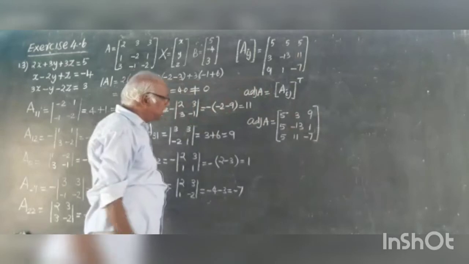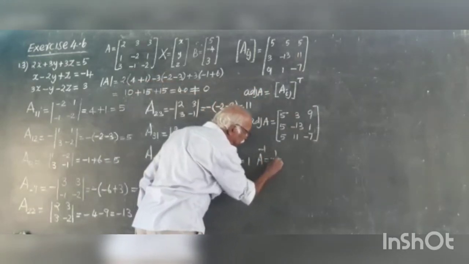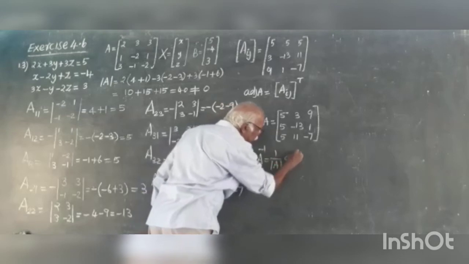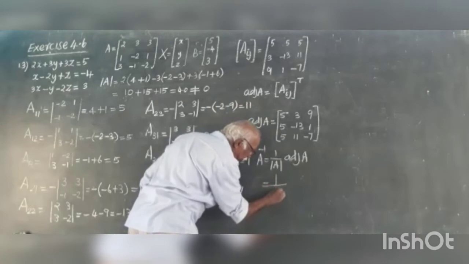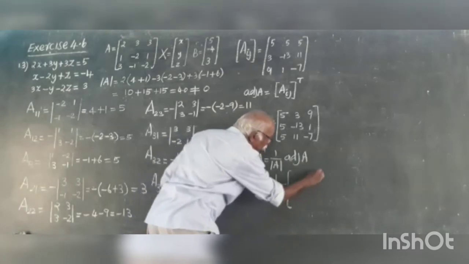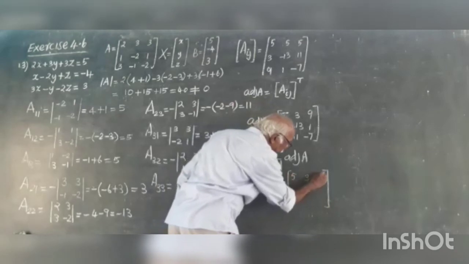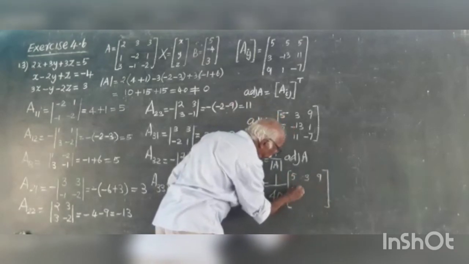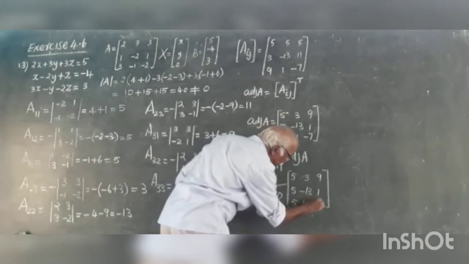Then find A inverse. A inverse is equal to 1 by determinant A into adjoint A, is equal to 1 by 40 into adjoint A. Adjoint A is 5, 3, 9, 5, minus 13, 1, 5, 11, minus 7.